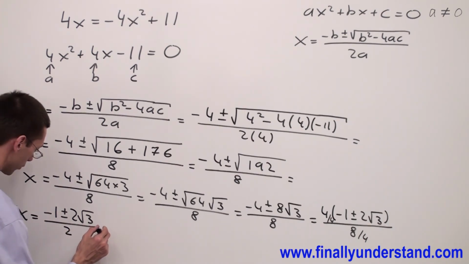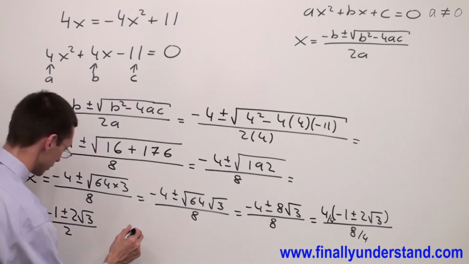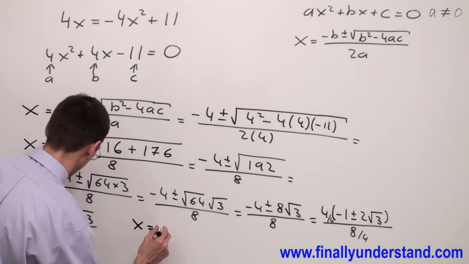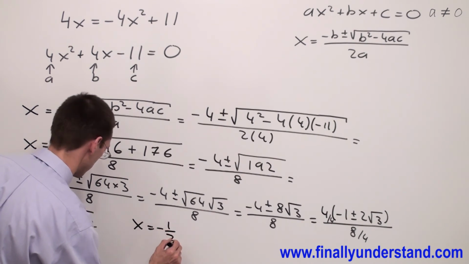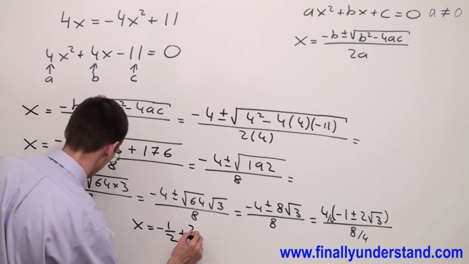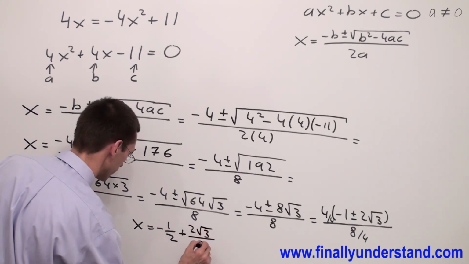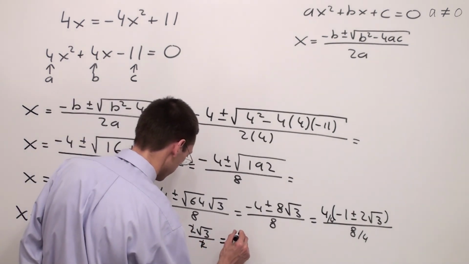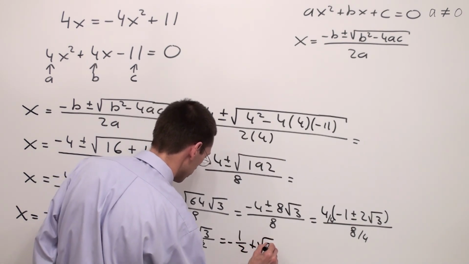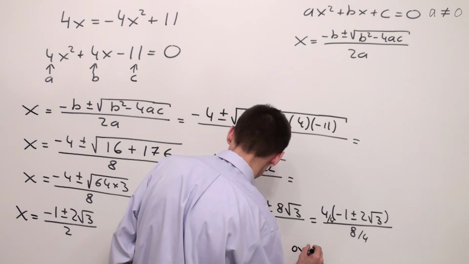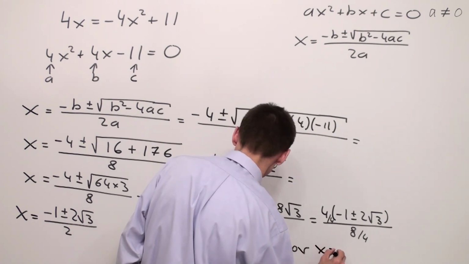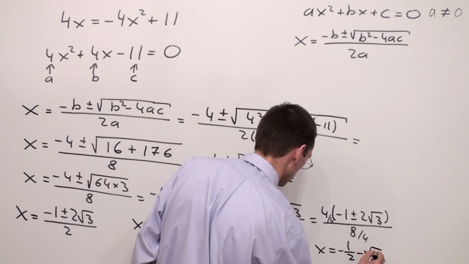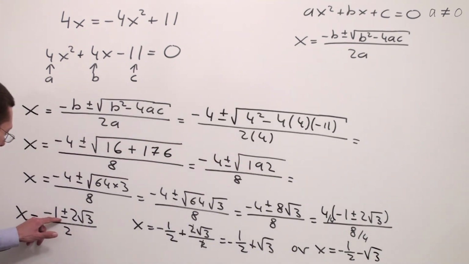Next, we can rewrite this expression or this equation as x equals negative 1/2 plus 2 square root of 3 over 2, okay, where 2 and 2 will cancel out, and I'm going to have negative 1/2 plus square root of 3, or x equals negative 1/2 minus square root of 3, because I have a negative sign over here.